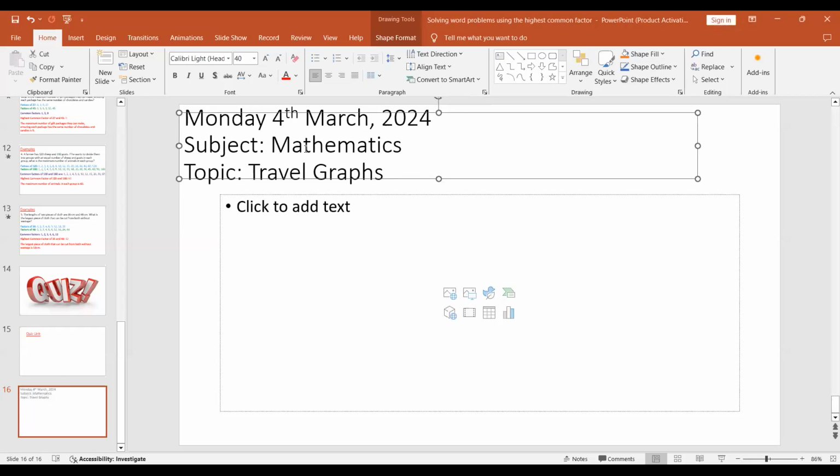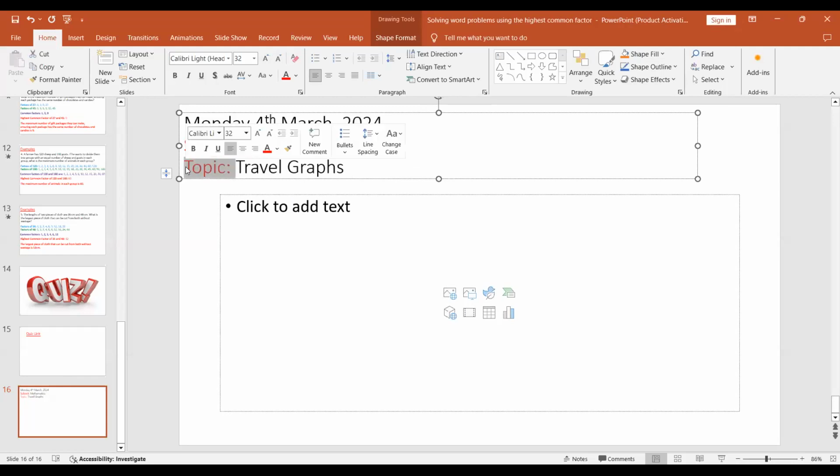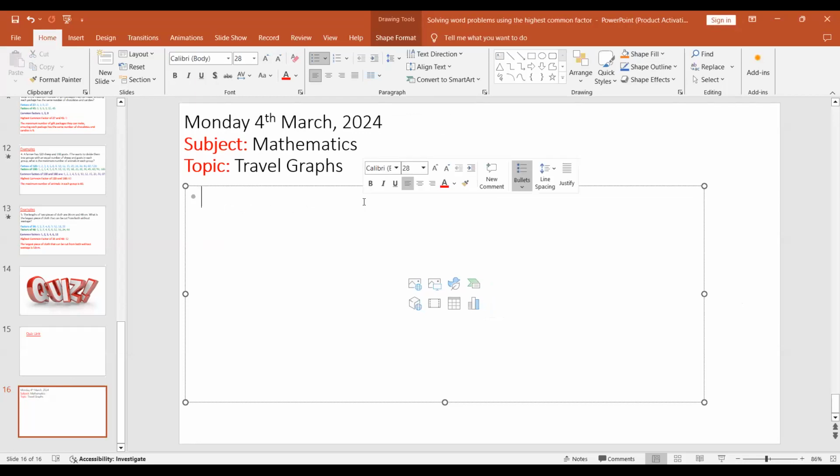Okay, so we're going to be looking at travel graphs or distance-time graphs. Let's get some notes out of the way.